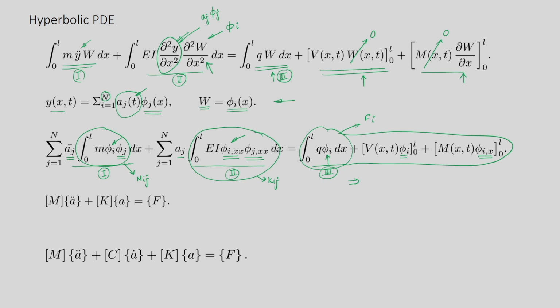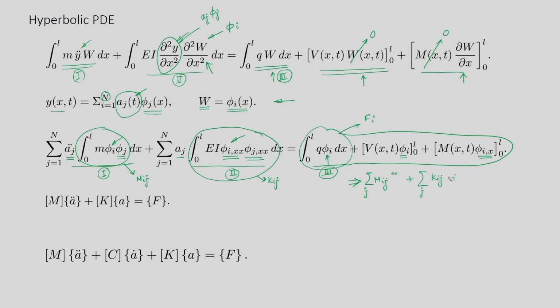So in that case we can write this as M ij alpha j summation over j, plus k ij alpha j summation over j. Here we have double derivative of alpha, or a.